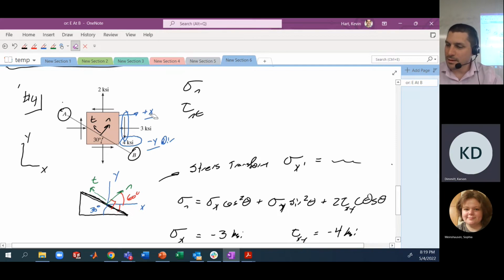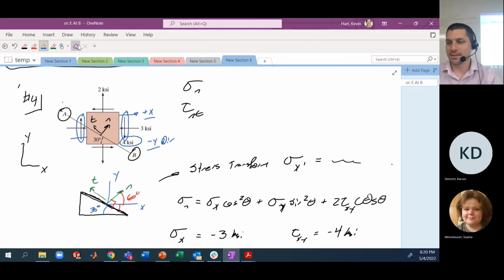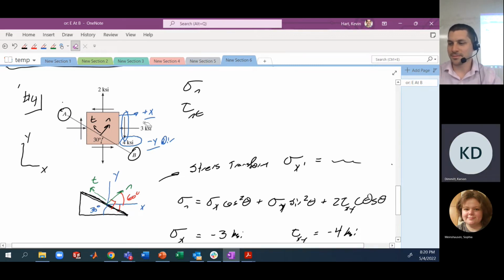What about its counterpart on the other side that points in the opposite direction? All right, let's look at this guy. He points in the positive y direction, yes? But this is on the negative x face. Oh, I see. Negative x face, positive y also gives me a negative tau xy. Got it? Okay. No matter how you slice it.